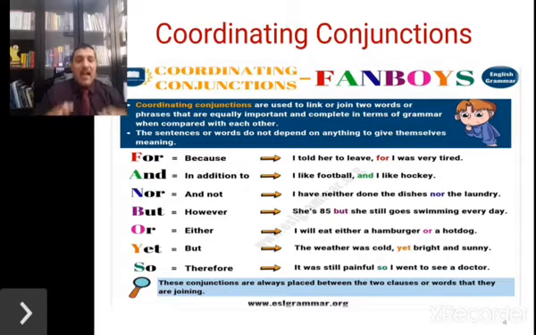For example, I like football, and I like hockey. I like reading newspapers, and I like reading short stories, for example. I like apple and banana. I like to read, to write, to listen, and to speak.